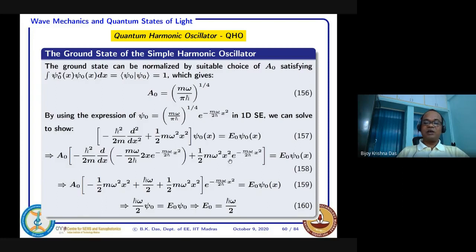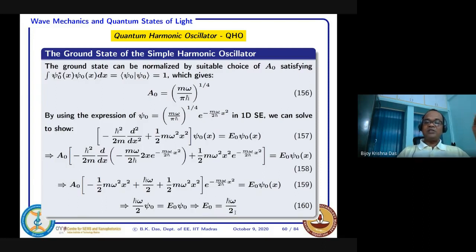So directly we can conclude that the eigenvalue of the ground state is h cut omega by 2. That is what we discussed qualitatively earlier, and now we have directly solved that the ground state has an energy of h cut omega by 2.